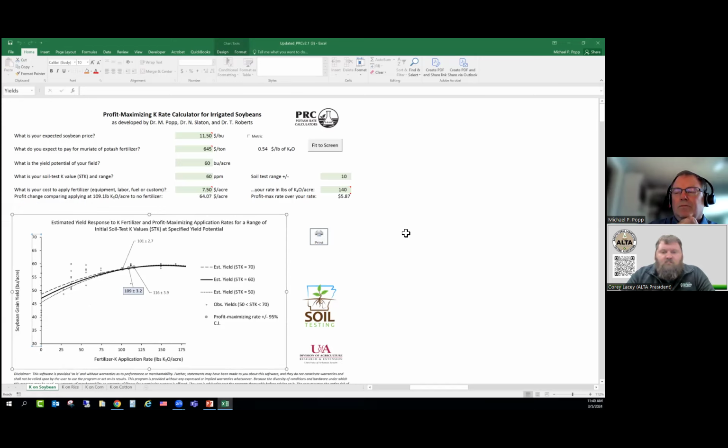My argument that Dr. Pop's tool is worth looking at is simply that most fertilizer rates are not based upon a response curve. They're based upon equations for building soil test K and replacing K removed by the crop. So most of us don't really even know what a sufficiency response curve looks like. I would say this is fairly unique data that is certainly worth a comparative look, and maybe trying at a spot or two.